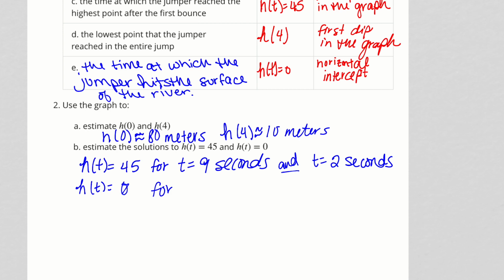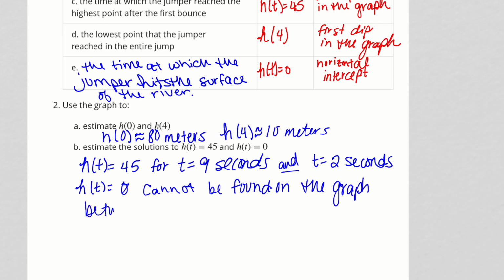So h of t equals 0 cannot be found on the graph between 0 and 35 seconds.